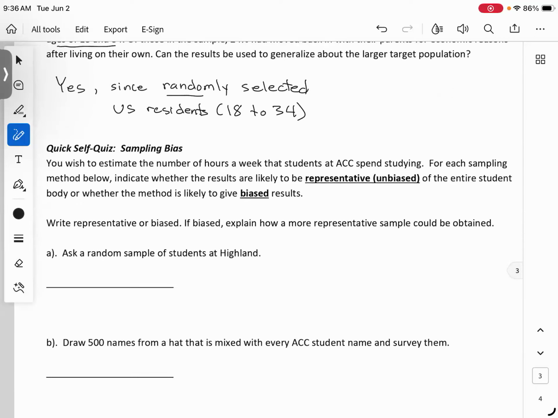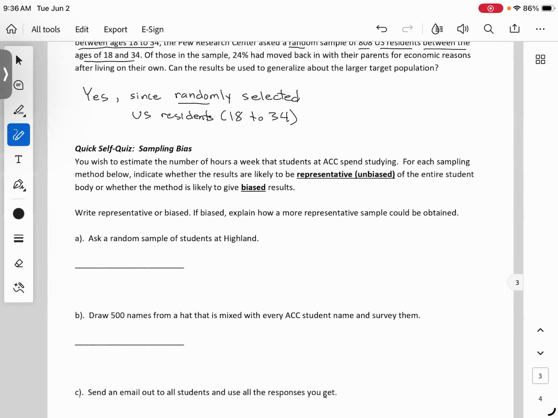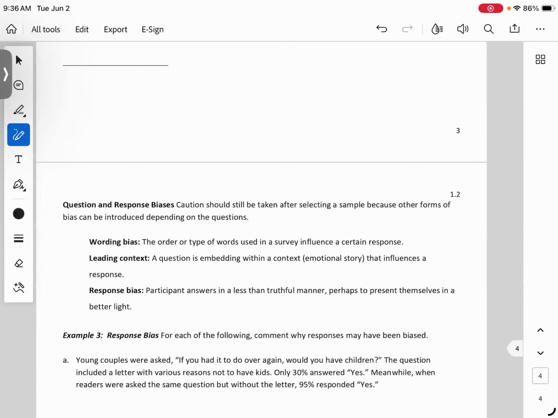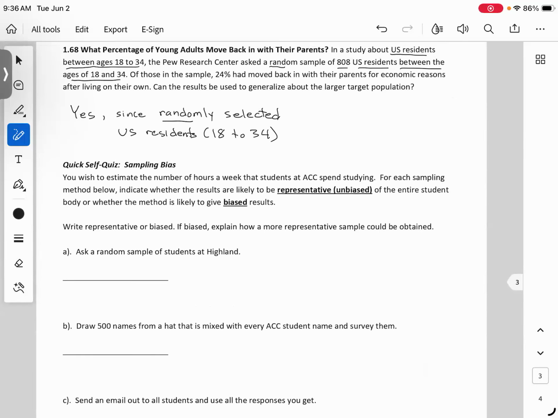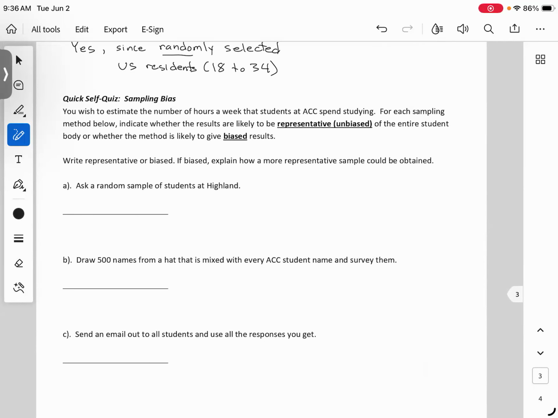Now, the last thing that I've got here, and then we'll close out with just a few extra important side things. It's a real quick combination of which of these would be biased, which are the bad ones, and then unbiased, collecting data using a method to get a sample in such a way that it's going to be more representative of the broader target.